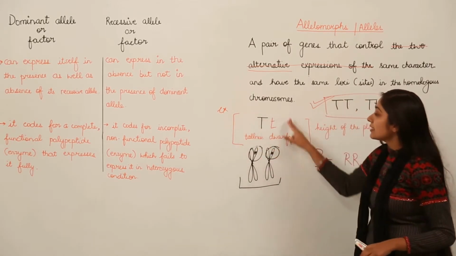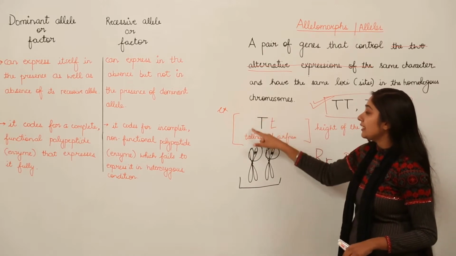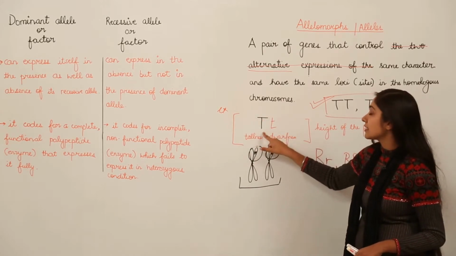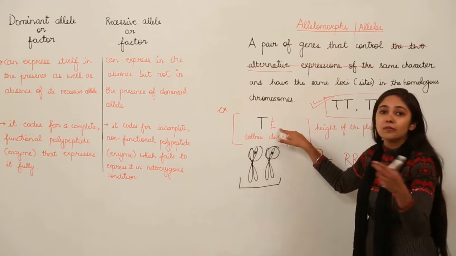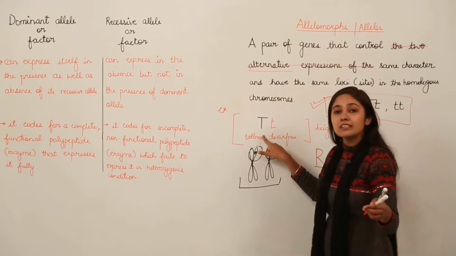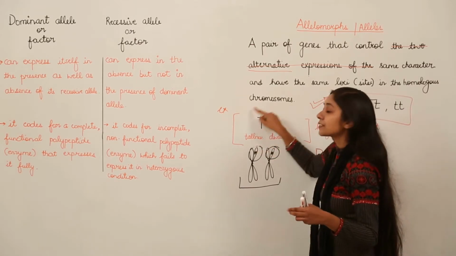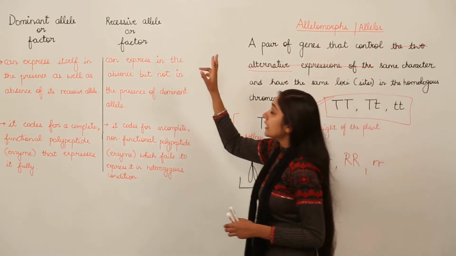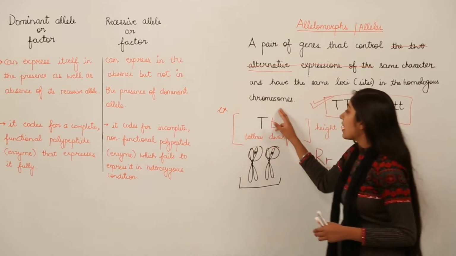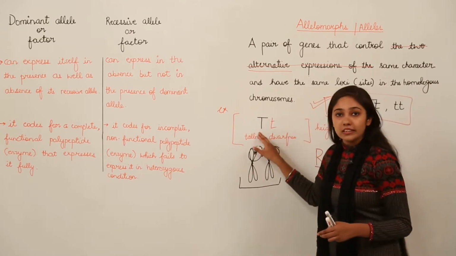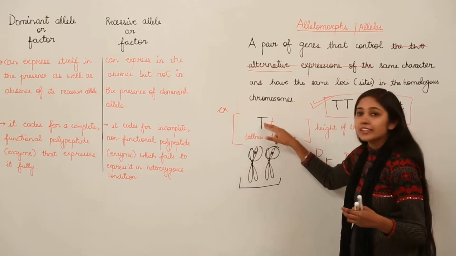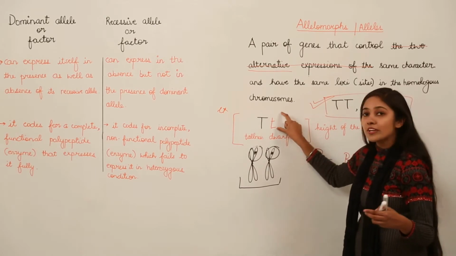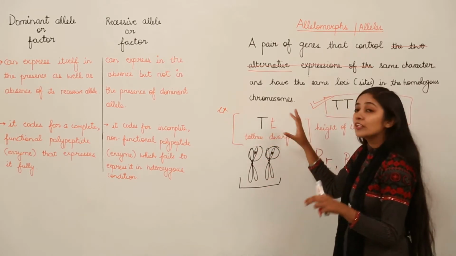So remember, dominant allele is that allele which is going to express itself whether the recessive is present or not present. Remember, if dominant is present, this is going to be expressed. This is not going to be expressed. Okay, next, in case of recessive allele, if we have a recessive allele with a dominant allele, this is not going to be expressed, meaning the plant is still going to have a tall height. Plant is going to be tall.